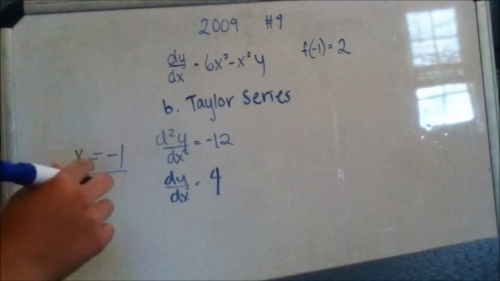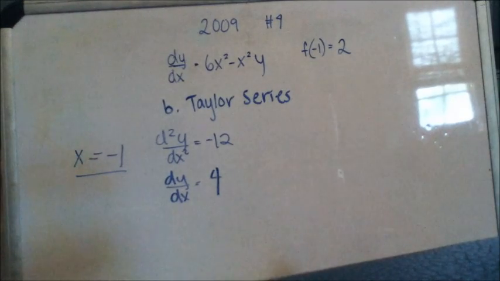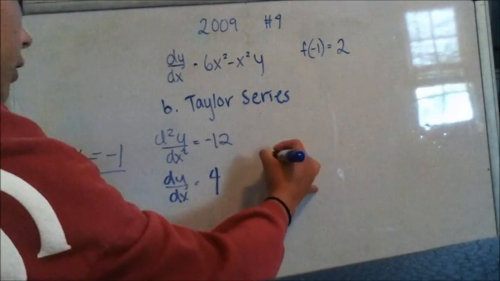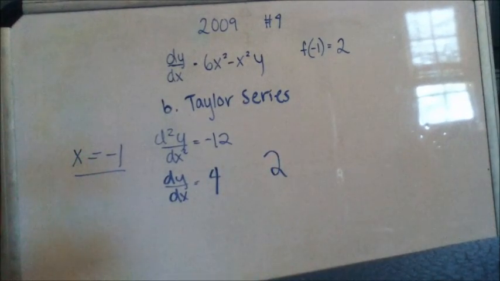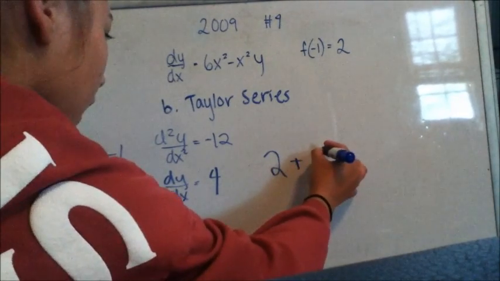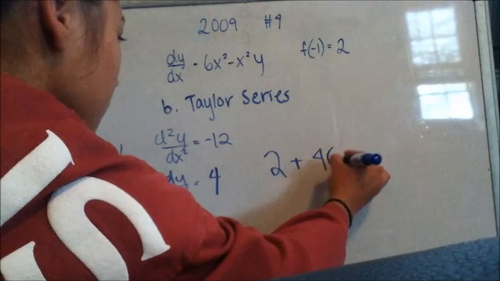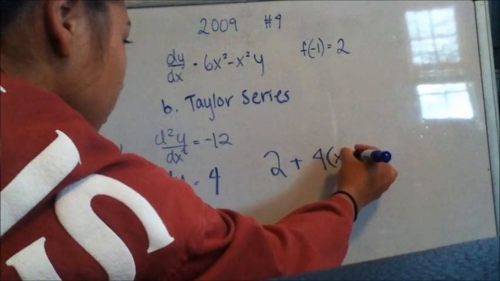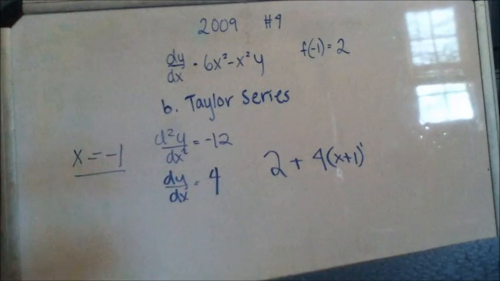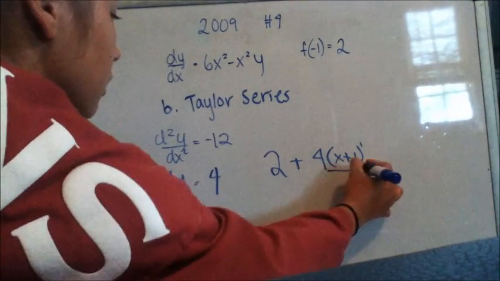And so to write the Taylor polynomial, we're going to start with f of negative 1, which is 2, times x plus 1, my bad, to the 0 power, so that's just 1. And then plus f prime of negative 1, which is 4, times x minus negative 1, so x plus 1 to the first power, all over 1 factorial.